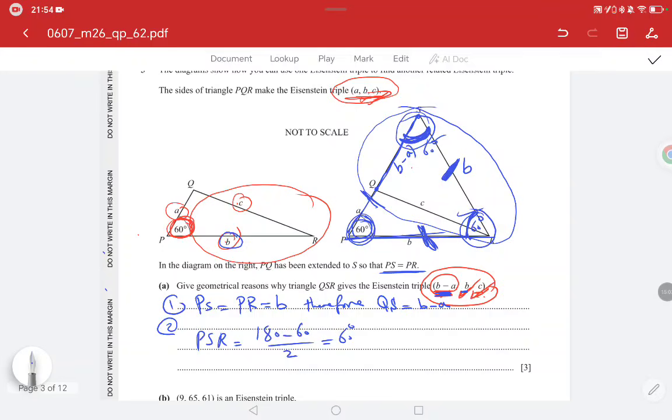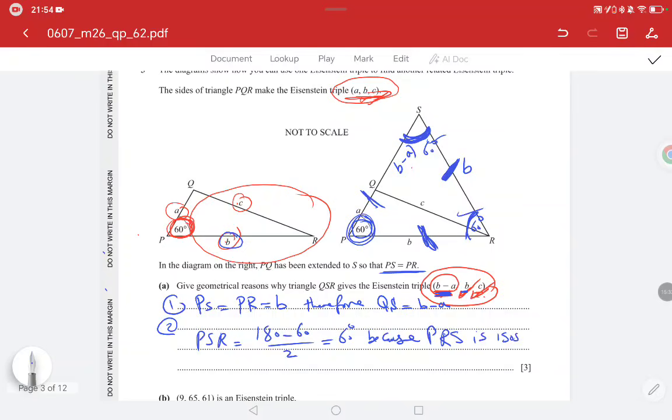Okay, why this one? Because that triangle, this PR, PRS is, okay, isosceles. Okay, is it fine?